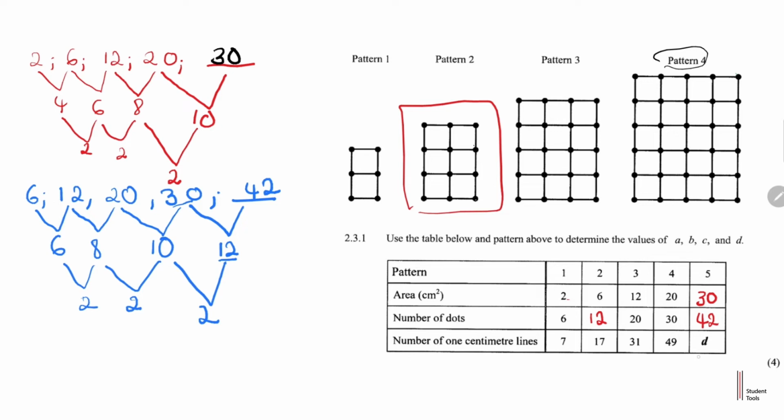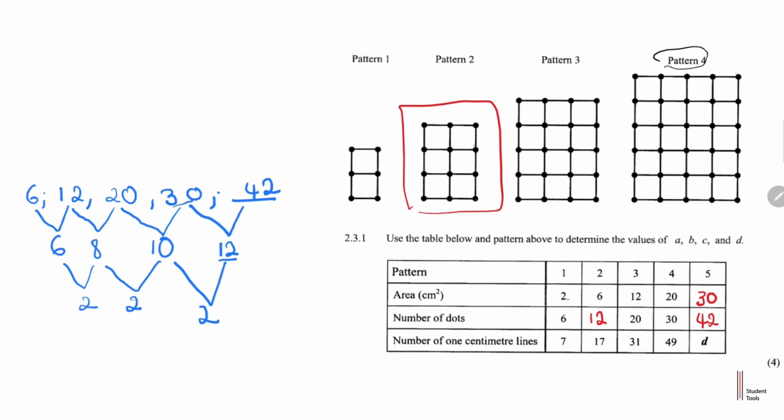And then last we have D. How do we get D? We will use this sequence of the number of 1 centimeter lines from pattern number 1 up to pattern number 4. Let's do that.